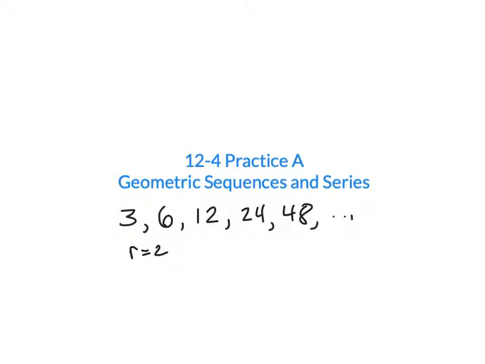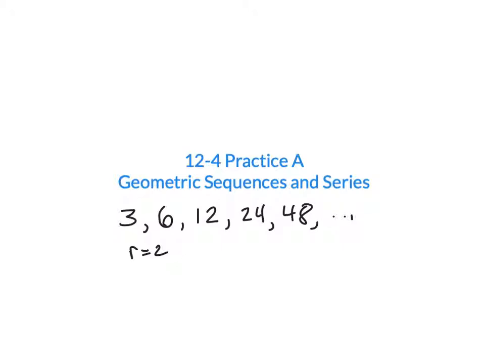So this is a geometric sequence. That common ratio of 2 can be found by dividing any two consecutive terms. 12 divided by 6 is 2, 24 divided by 12 is 2, and so on. So this is a sequence right here.